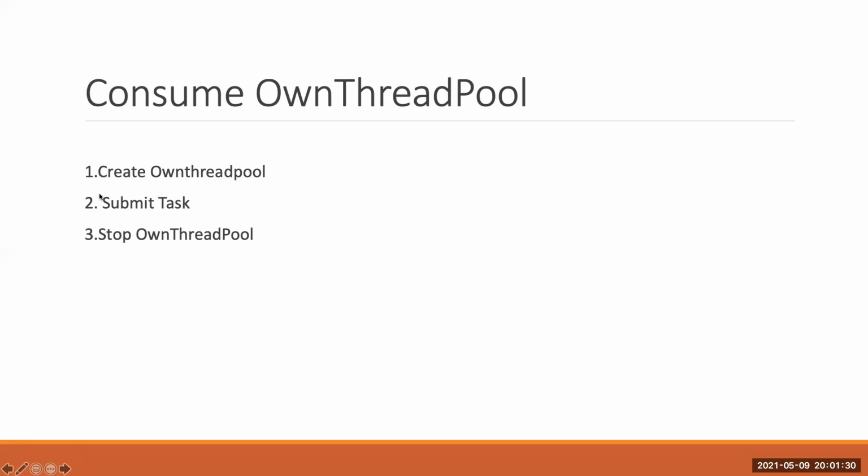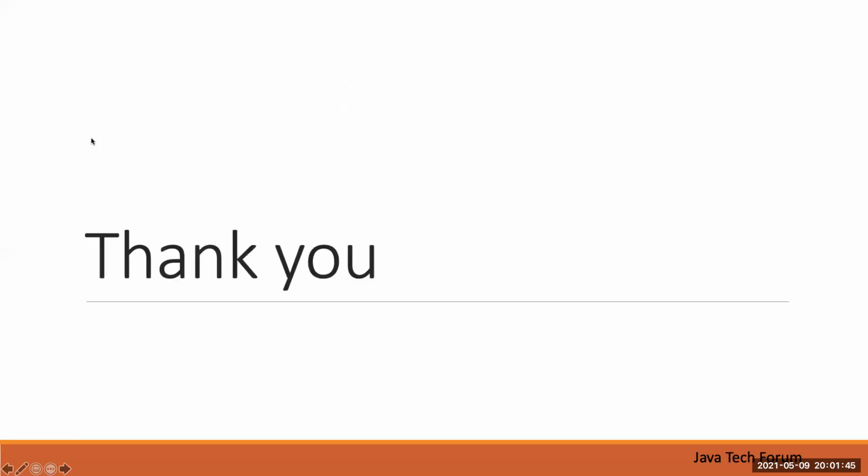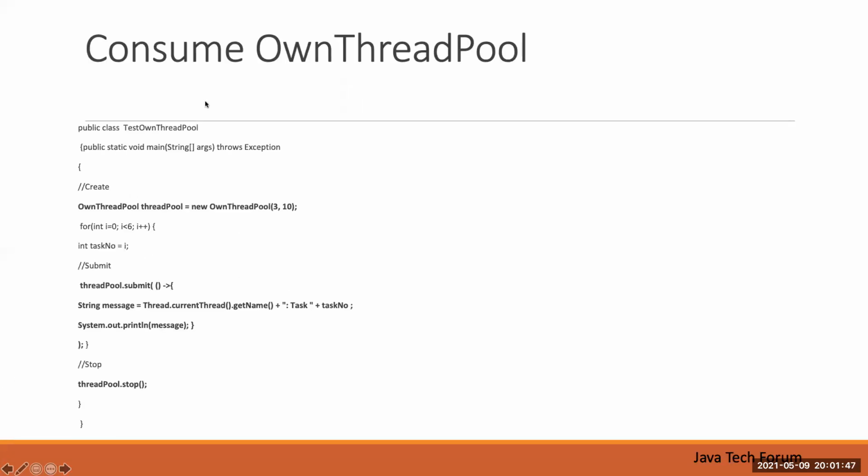These are the three tasks: create the thread pool, submit the task, and stop the thread pool. Once all those tasks are complete, you can stop your thread pool, or clean it up.